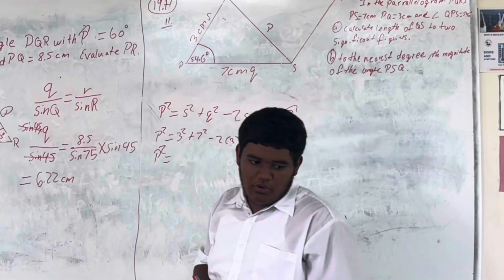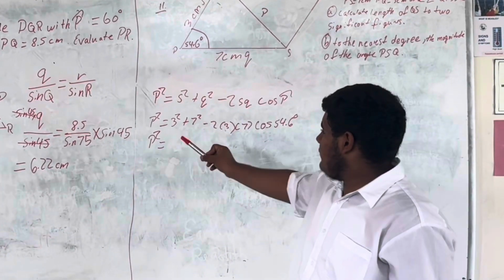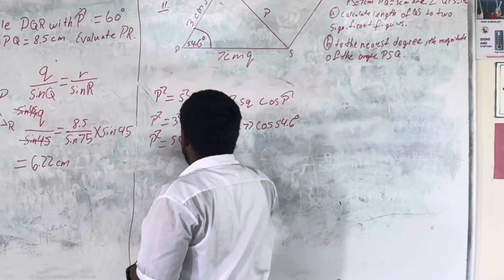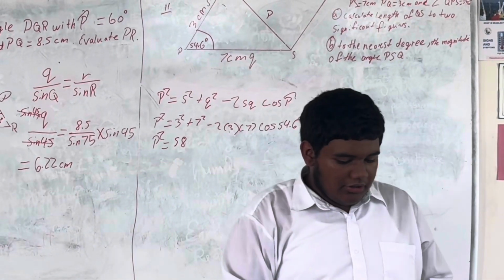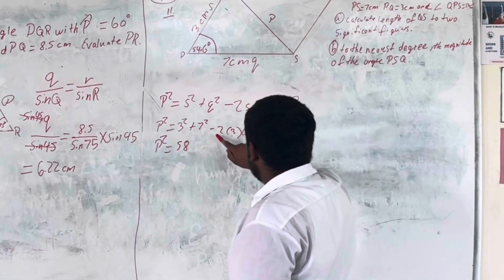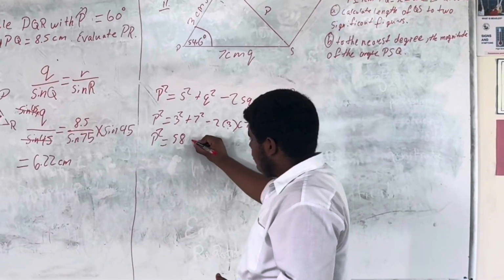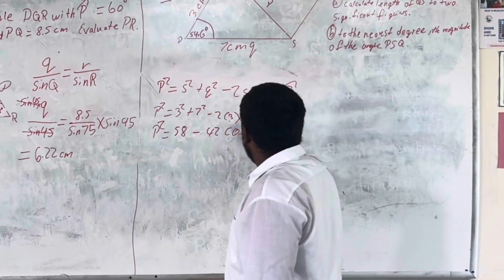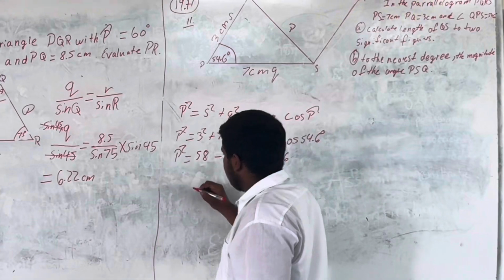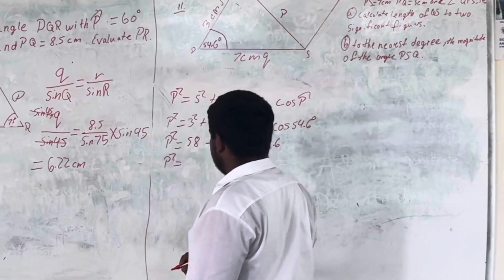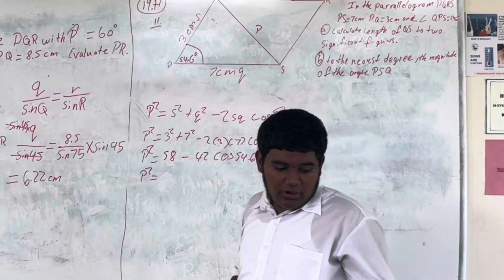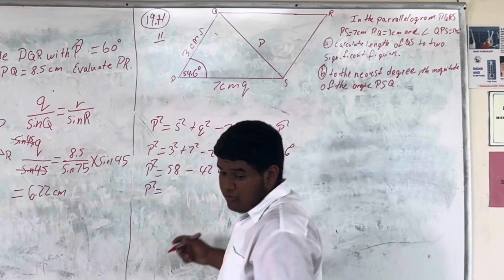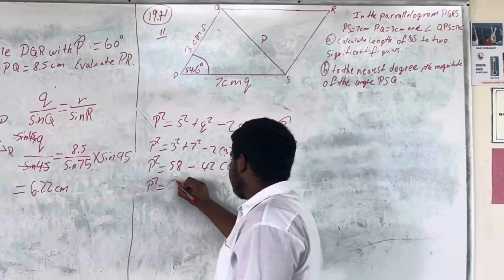Now, when you plug it in, these two will give you a resultant of 58, and 2sq, which is 2 times 3 times 7, will then give you minus 42 times cosine 54.6 when you plug it into your calculator. p squared is equal to, when you put all this into your calculator, 33.67.